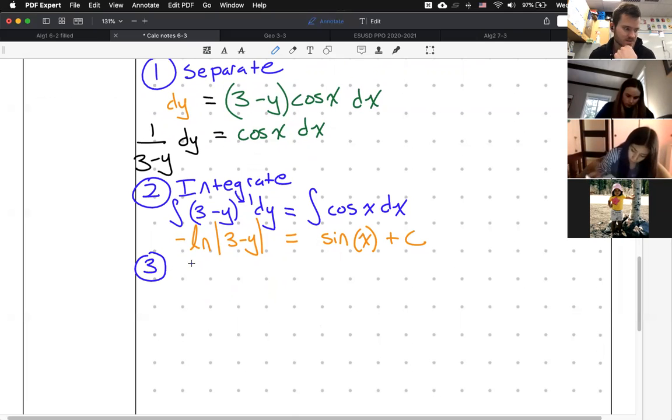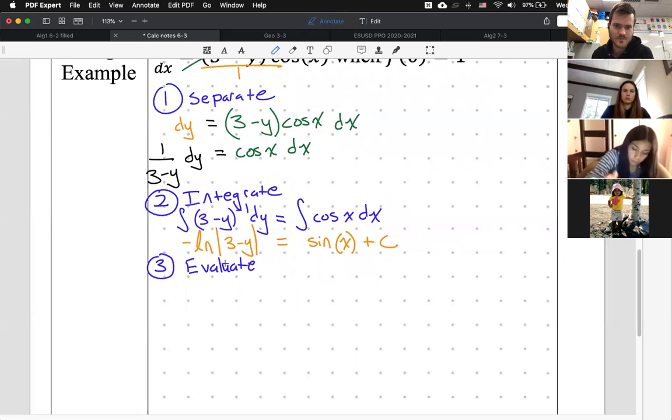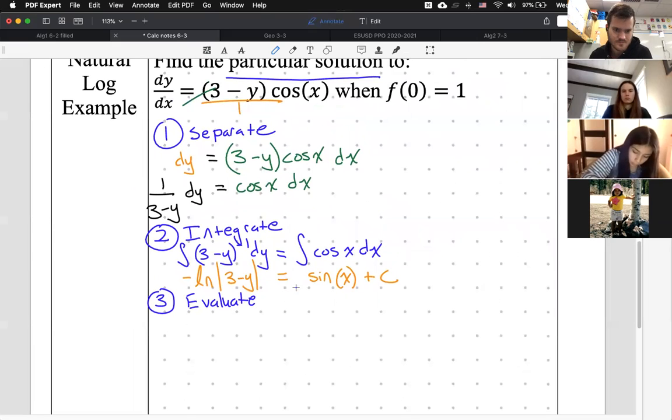Step number 3 is to do what, Teflon? Evaluate. Oh wait, I haven't talked to Andrea yet. Andrea, do all the evaluation for us. The negative natural log of the absolute value of 3 minus 1 equals sine of 0 plus c.